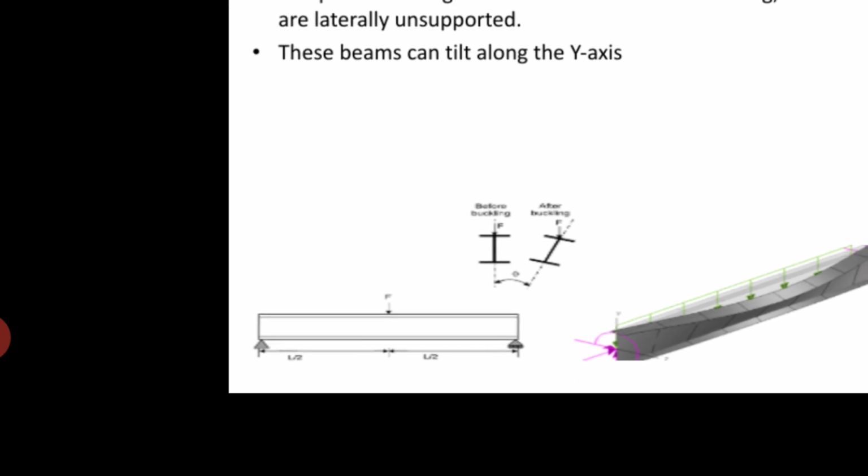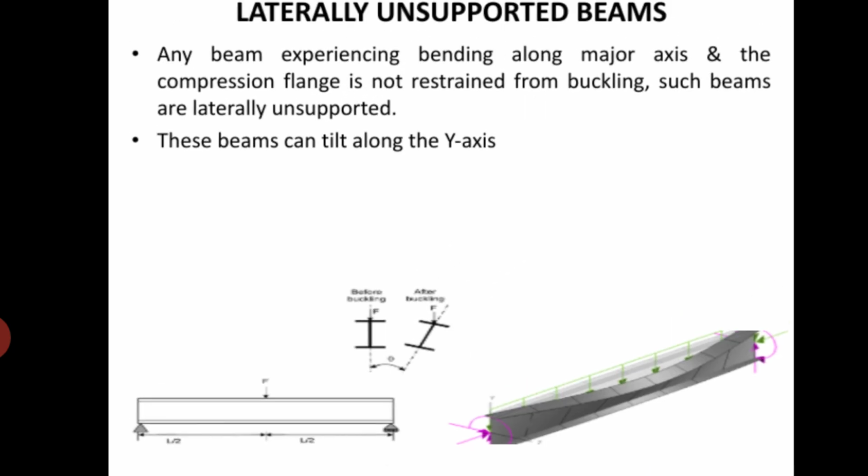If you take a long span beam like this, when incrementally loaded it will first deflect downwards. If you go on loading the beam, it will deflect downward, and when the load exceeds a particular value, what happens?